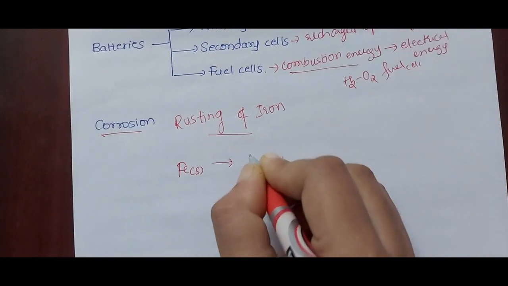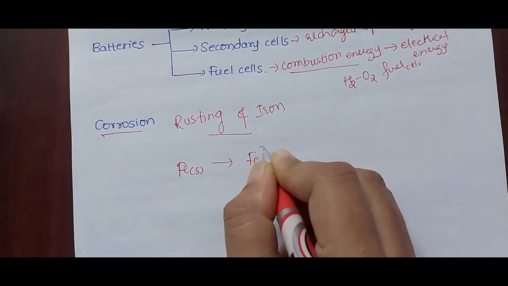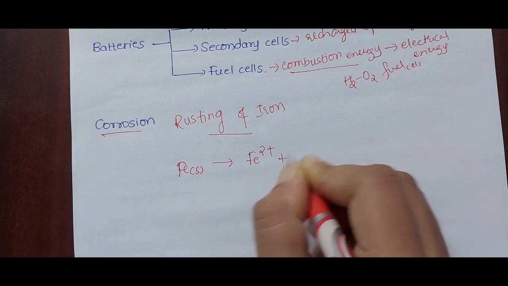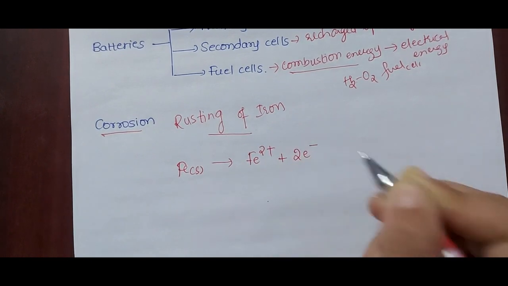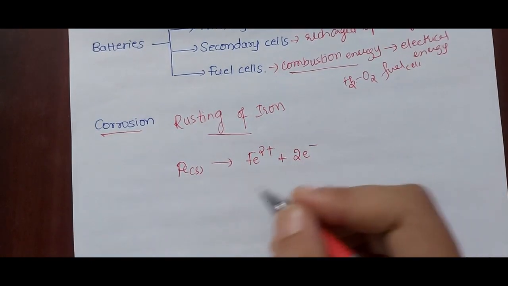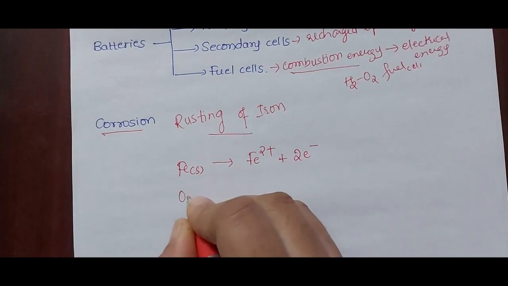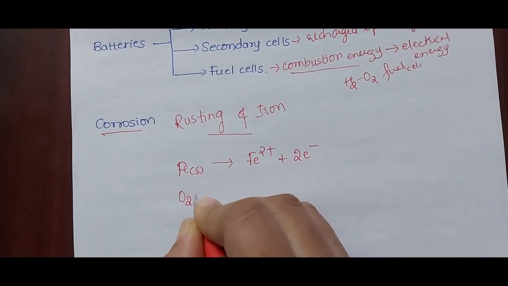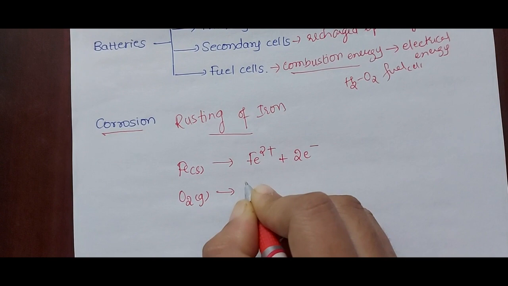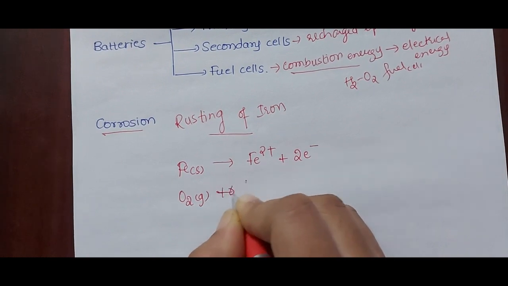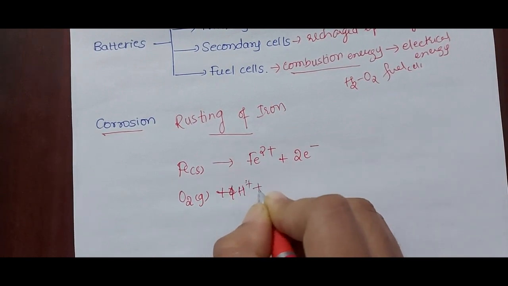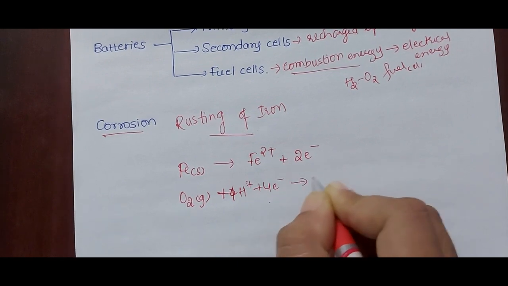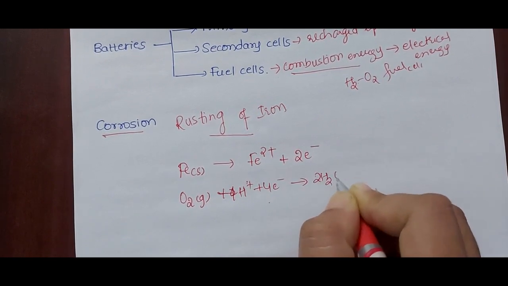Fe in solid state, due to the atmospheric conditions, undergoes oxidation to form Fe2+ ion with the loss of electrons. The reduction reaction that is occurring is O2 in gaseous state plus 4H+ plus 4 electrons resulting in the formation of 2H2O.